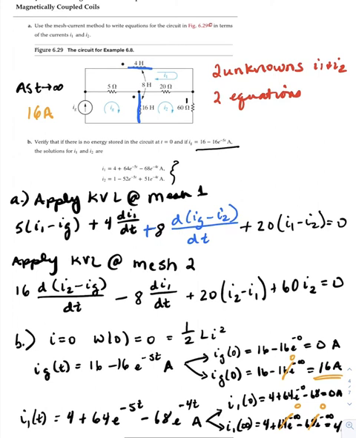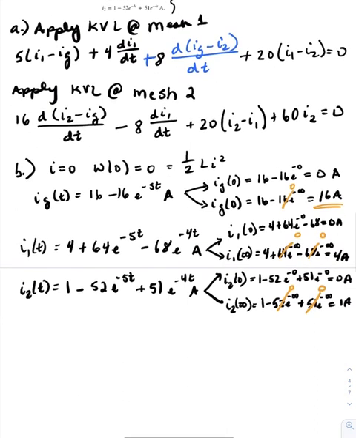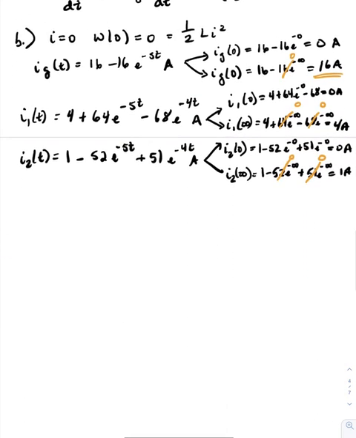So let's redraw this circuit with our DC source. So we would have our current source, which is 16 amps.